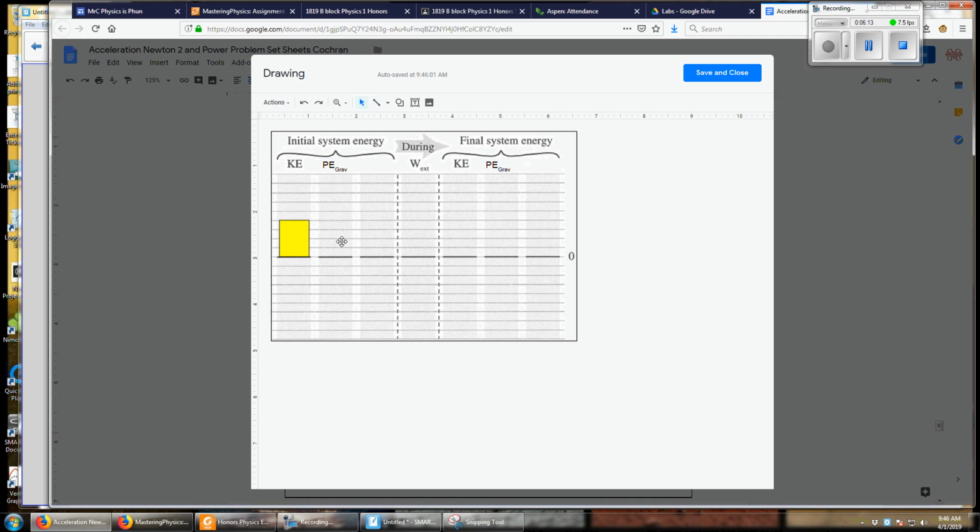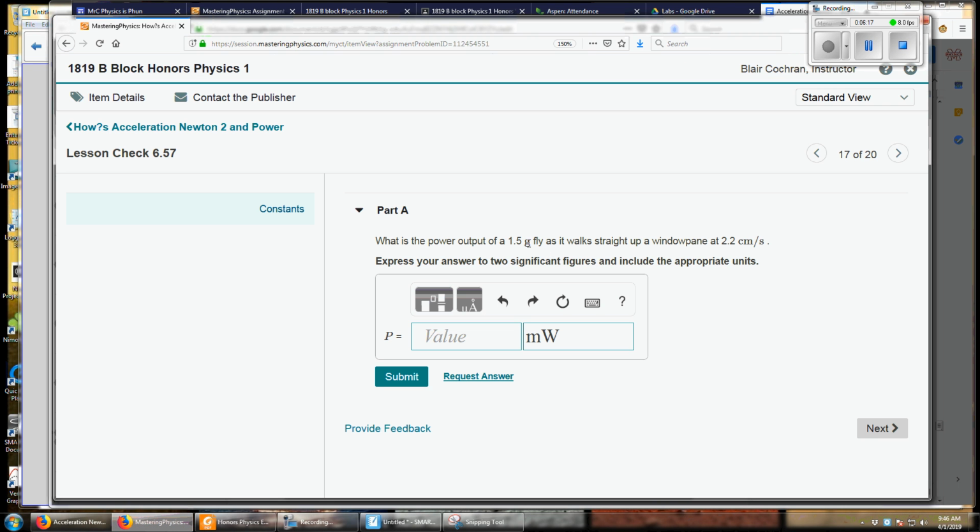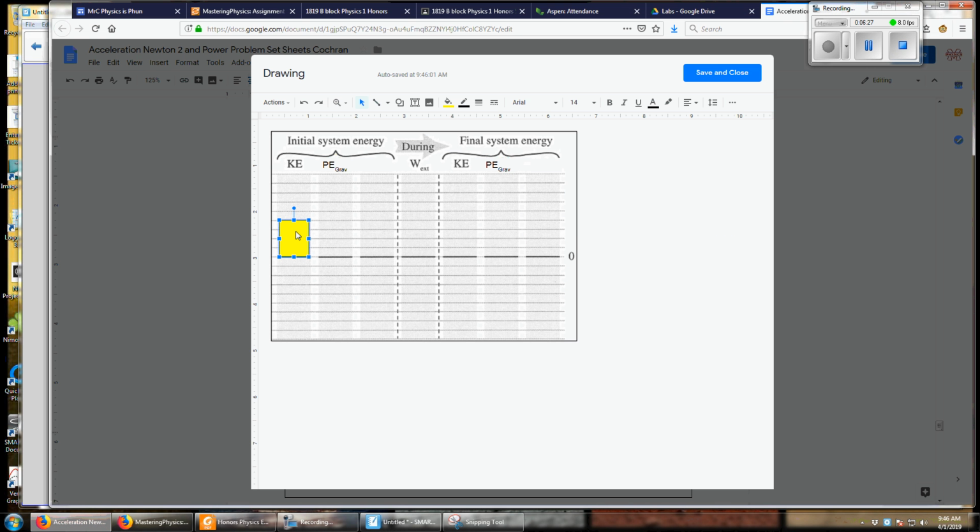Yeah. And then, let's see, as it goes up, I'm going to assume that it moves at a constant rate. So that means its kinetic energy is going to stay the same. It's going to be the same at the top and the bottom.